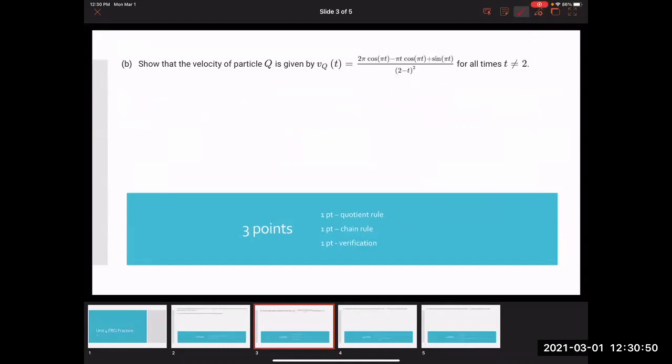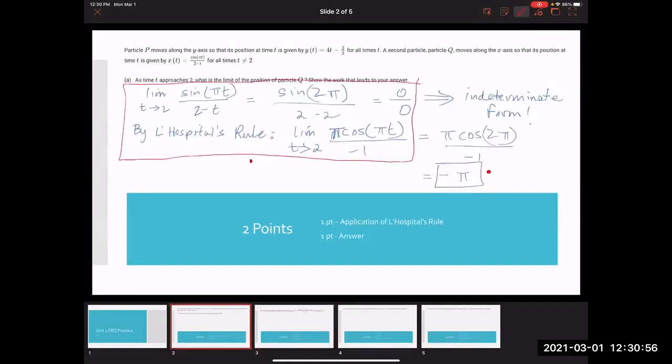If we're solving for v sub q, the velocity of particle q, if you go back to the original question stem, remember both of the functions given were the position functions of the particle. So you've got to remember the relationship between position and velocity. If we're trying to find the velocity of particle q, we're really trying to find the derivative of the function that represents particle q, because velocity is the derivative of position.